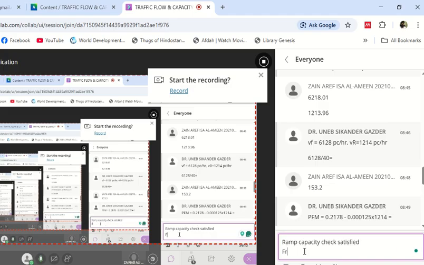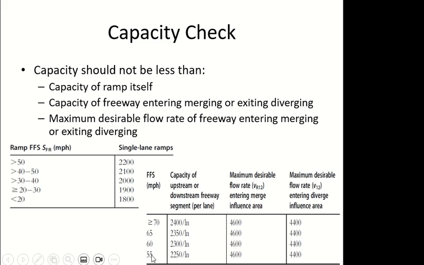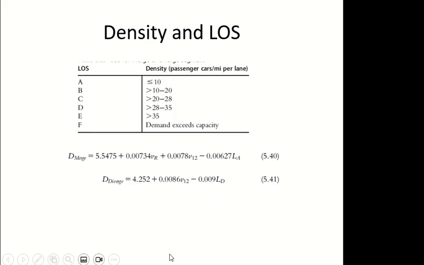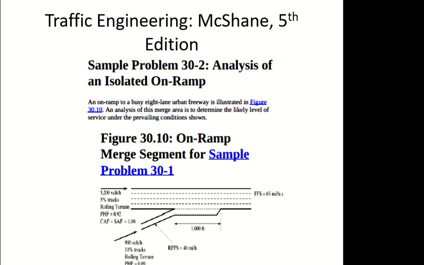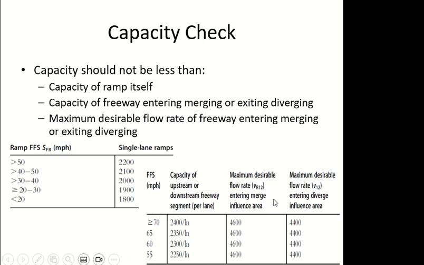Next one is the freeway capacity check. My freeway has a speed of how much? 65. Okay, 65 is this one. Any per lane volume should not be more than 2350.